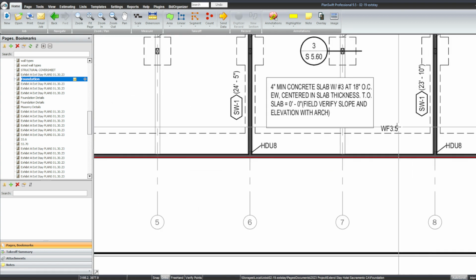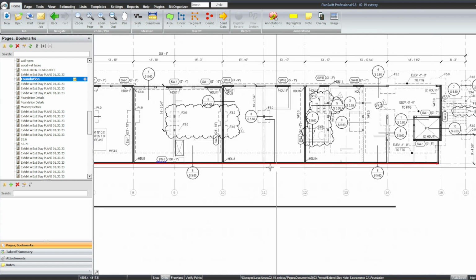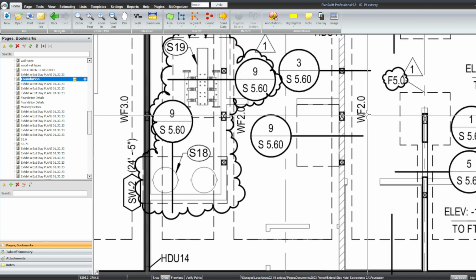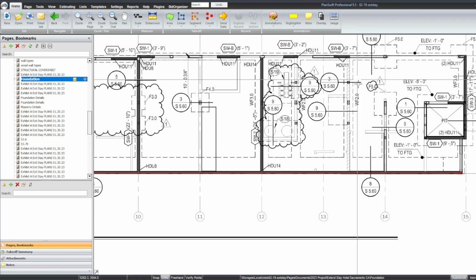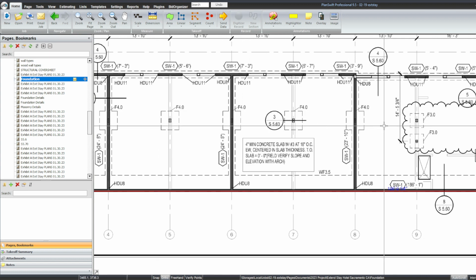Oh, there we go. WF 3.5. Okay, so this is WF 3.5. This is WF 2.1. Okay, easy. And the column pad.